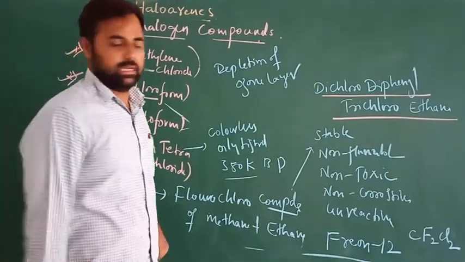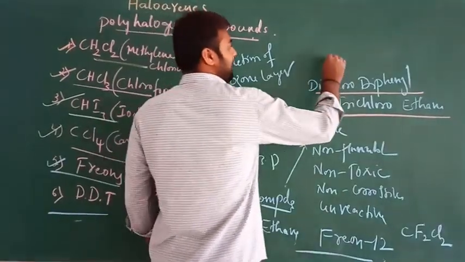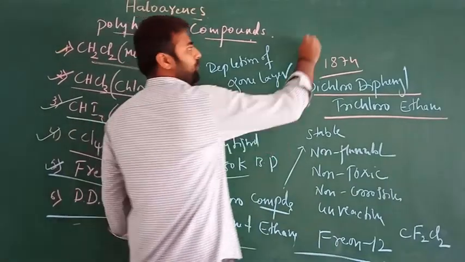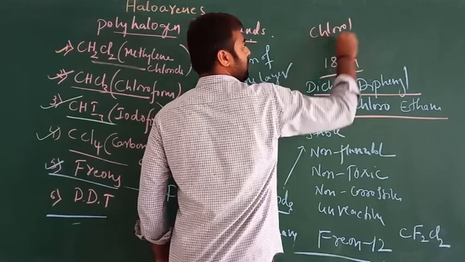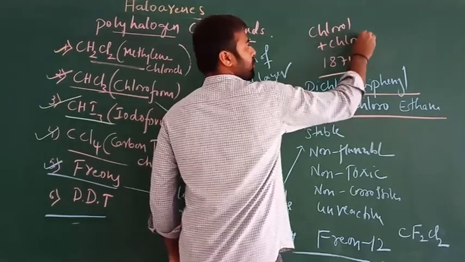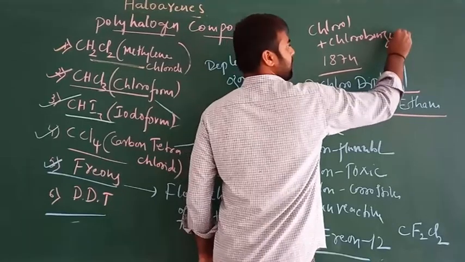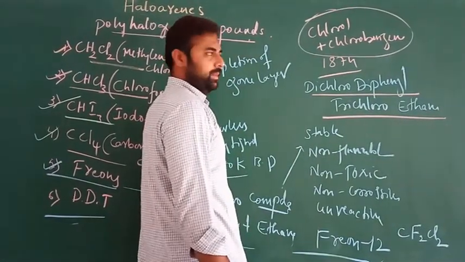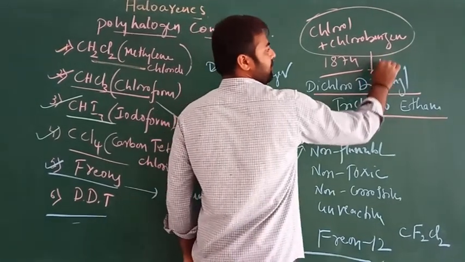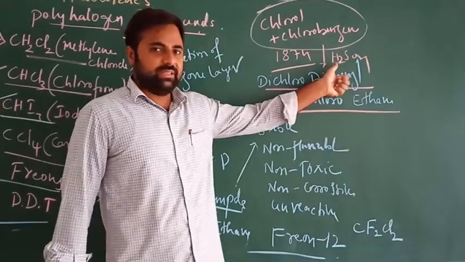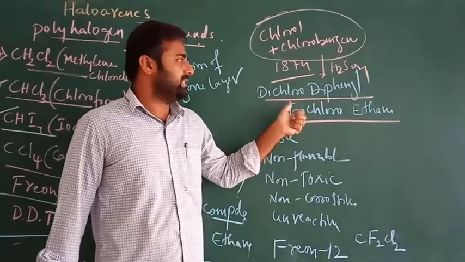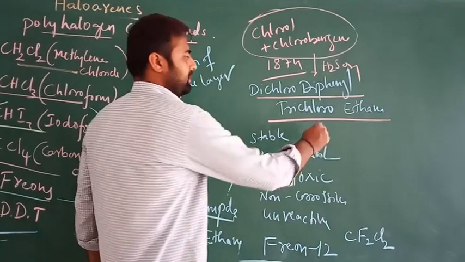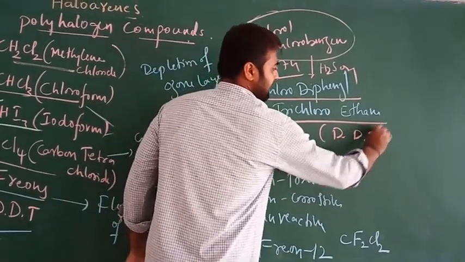This DDT was first prepared in 1874 by the combination of chloral and chlorobenzene. Right? By the combination of chloral and chlorobenzene in the presence of sulfuric acid, which gives dichlorodiphenyltrichloroethane, simply we call it DDT.